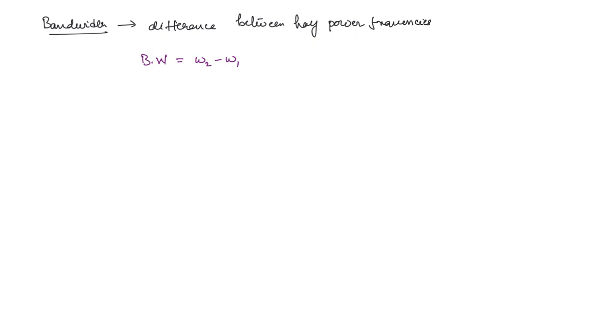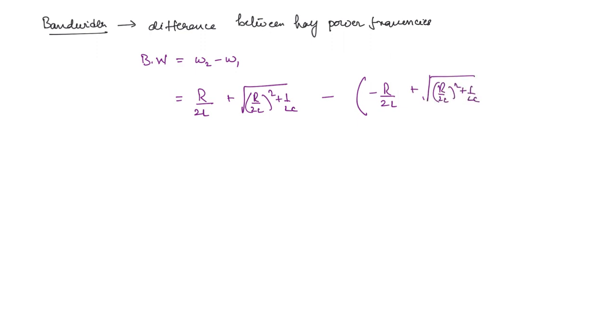Now if you substitute the expressions for omega 2 and omega 1, let me write it for you here. R by 2L plus root over R by 2L whole square plus 1 by LC is omega 2, minus minus R by 2L plus root over R by 2L whole square plus 1 by LC.